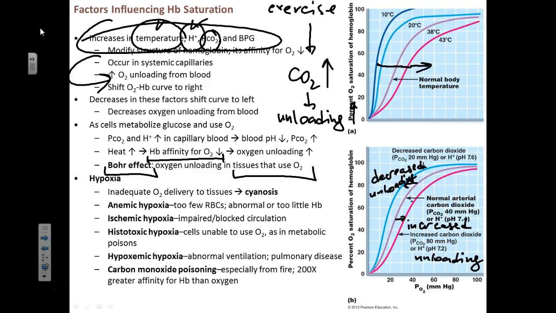Now, lack of unloading of oxygen in tissues, lack of supply, is called hypoxia. Hypoxia causes cyanosis, accumulation of deoxyhemoglobin, which is more bluish, just gives a blue shade to the blood.